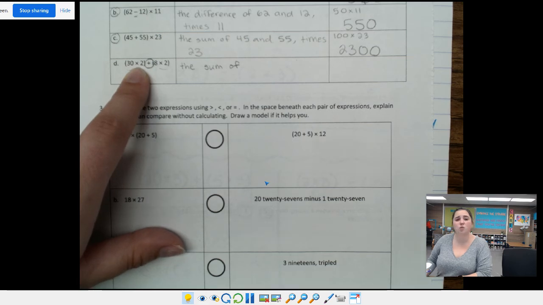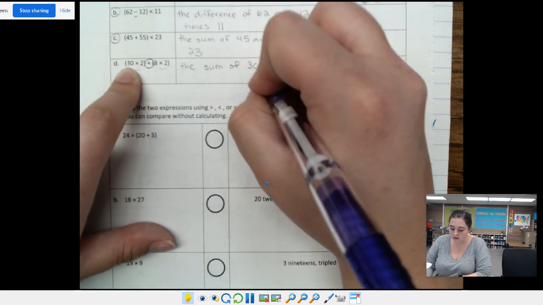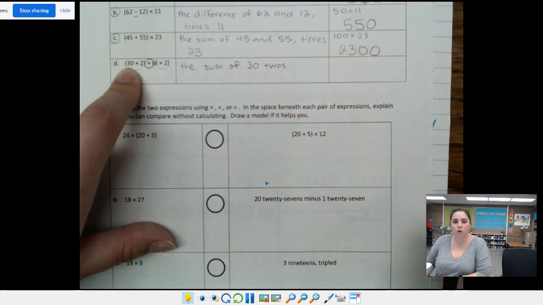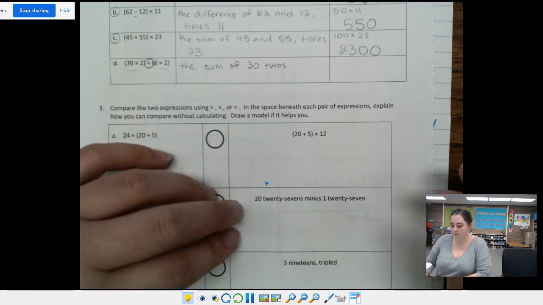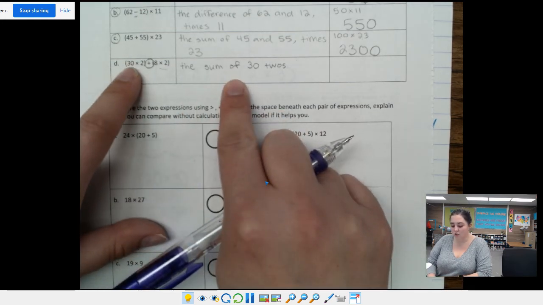I could write this so many different ways, but I think the easiest way is 30 2s. You could also write 2 30s. You could say the product of 30 and 2. You could say 30 times 2. Any of those would work. So the sum of 30 2s.